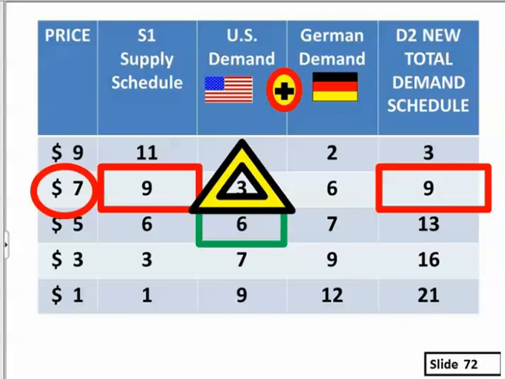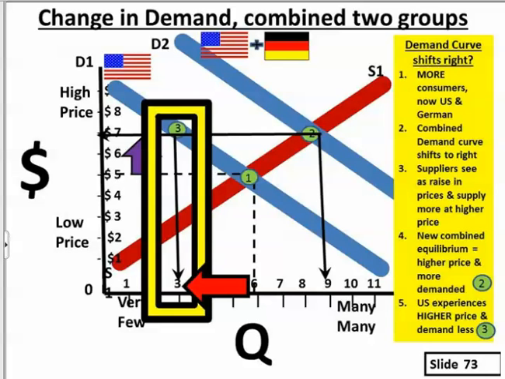Now they're only willing to buy 3, where the yellow triangle is. So we have a lot less being demanded by the U.S. because the price has been driven up. And so I drew the yellow box around it. So we see the existing or previous demand curve, the U.S. still had the same demand curve. The original demand curve is still there.